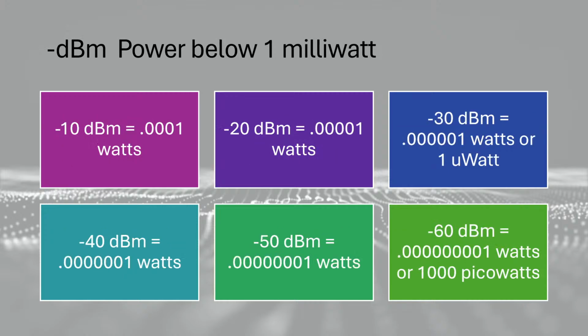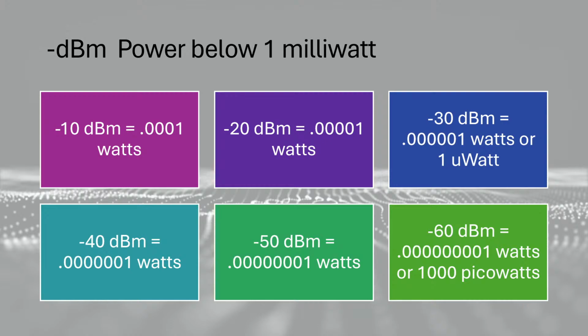Going down, well, we have minus 10, so that's a tenth of a milliwatt, minus 20, a hundredth of a milliwatt, minus 30, minus 40, minus 50, until we get down to minus 60, which is 1,000 picowatts of power. You think, well, Gary, that's as low as you can go, isn't it?